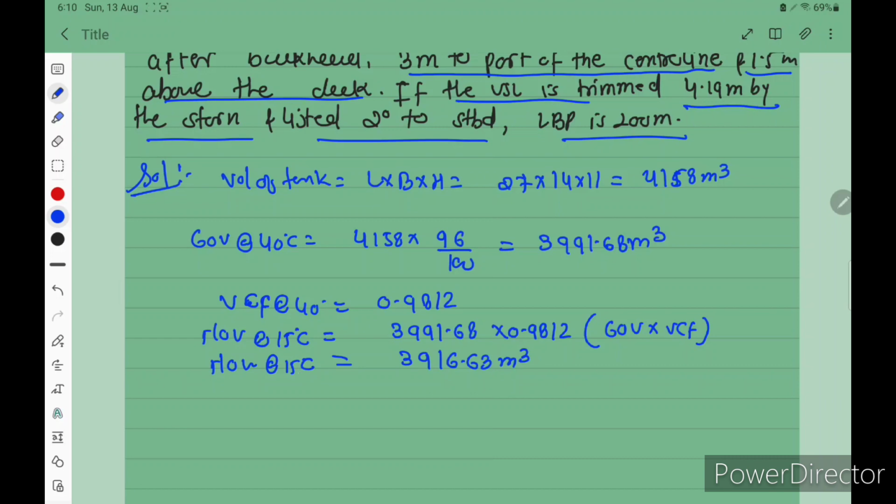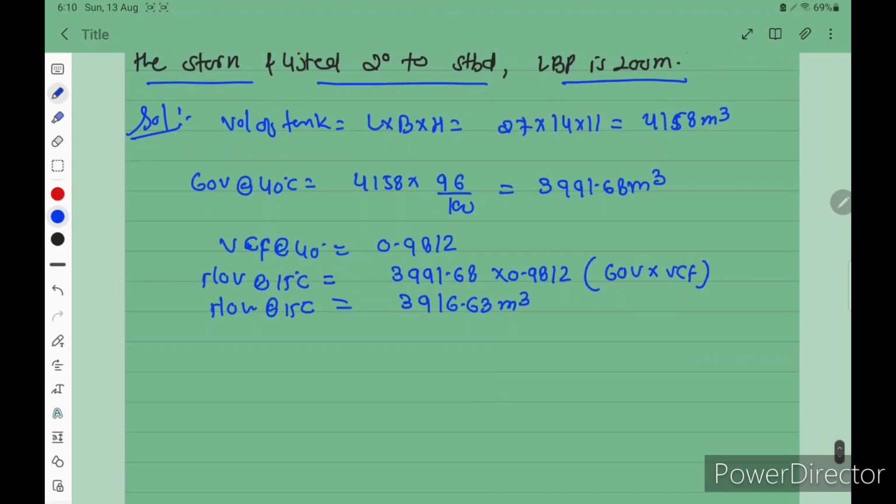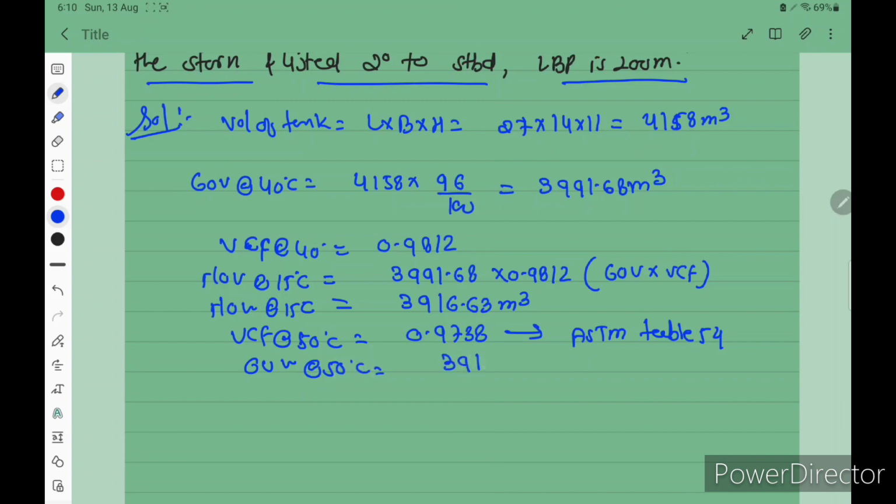Now we have to convert this to 50 degree centigrade, so we have to calculate the VCF at 50 degree centigrade. So 0.9738 we get, this is from ASTM table 54. Now GOV at 50 degree centigrade is equal to 3916.63, the standard volume, divided by VCF at 50 degree centigrade. So we get gross observed volume at 50 degree centigrade equal to 4022.01 meter cube.